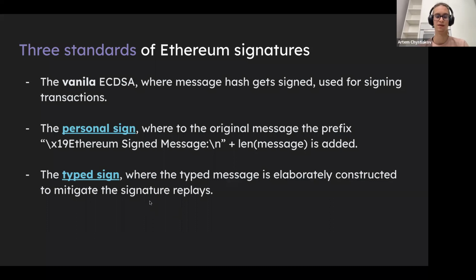So to mitigate the risks of replays, a special standard was introduced, which constructs the messages including the chain ID, verifier contract, version, nonce, etc., to completely mitigate those replays.